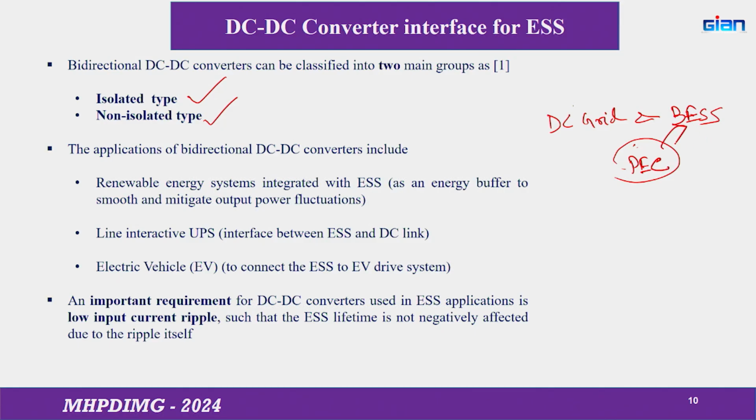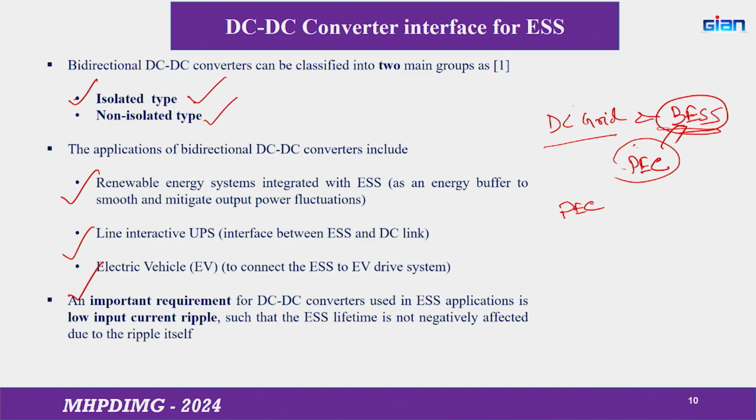So, here also there is an overlap, that is isolated type and non isolated type, and the isolated type is already discussed in great detail by Professor Sarkar. Here are the applications I have mentioned: for this DC to DC converter, we are integrating the DC grid, and in between the DC grid and the battery we are putting this power electronics interface, which is a bidirectional DC to DC converter.